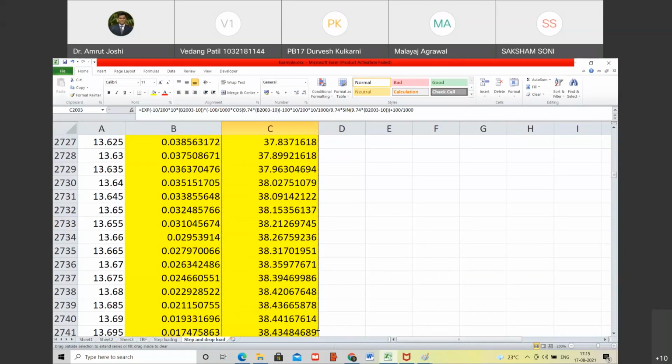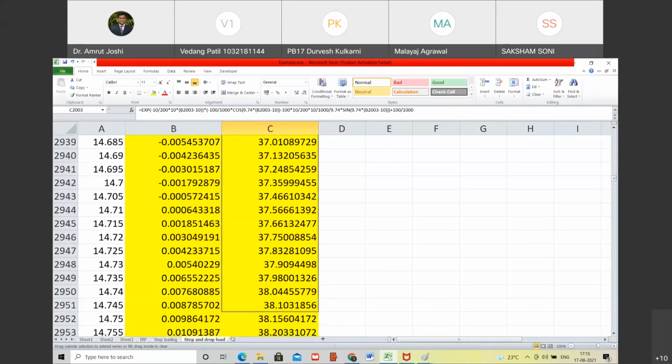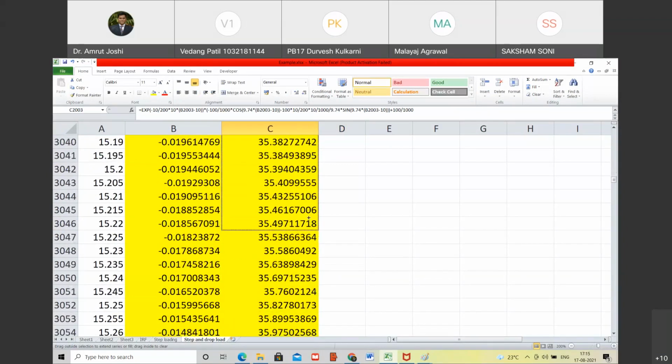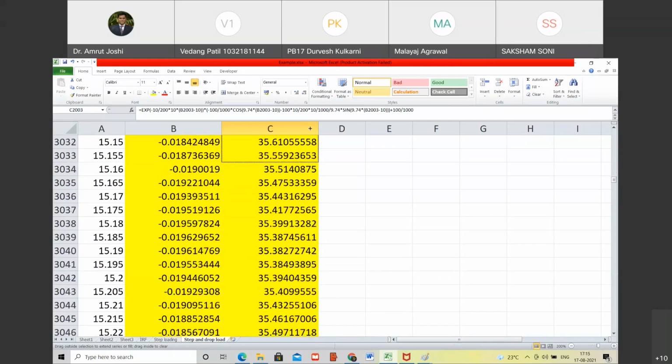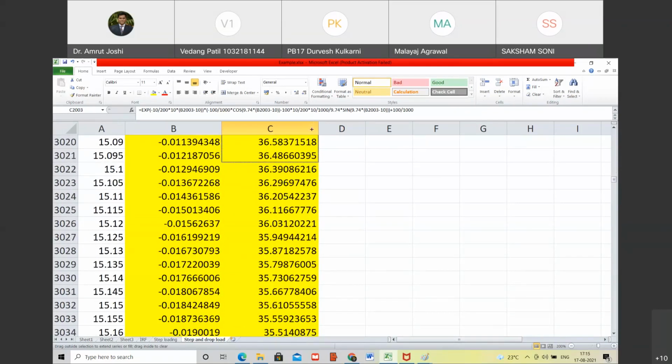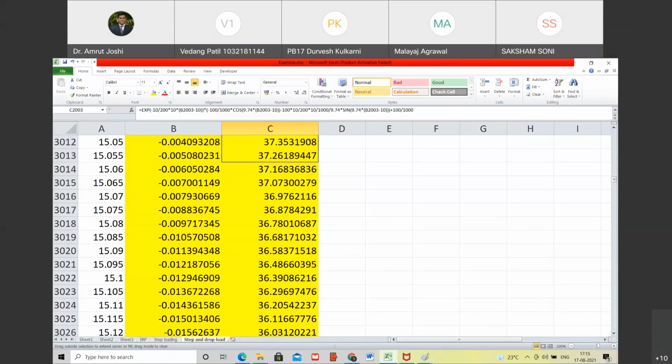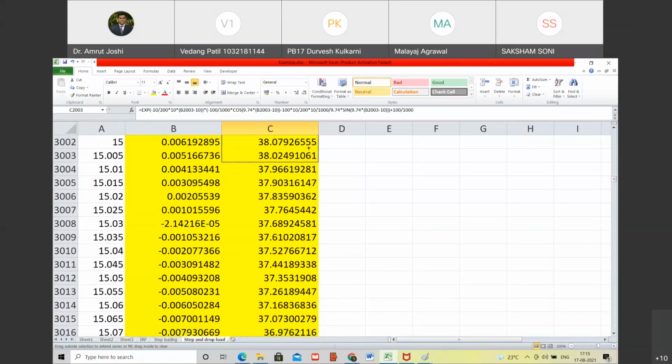So up to 15 seconds, I'm going to use this expression, which is the response of a system from T1 to T2. And after that, I'm going to use the another expression which is already there.